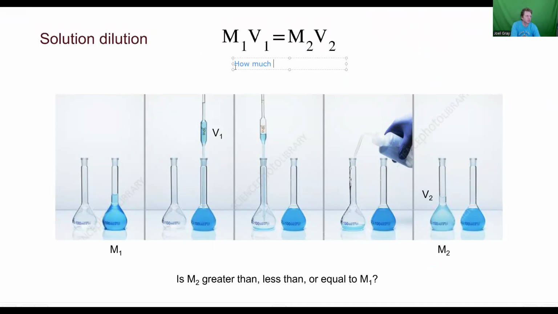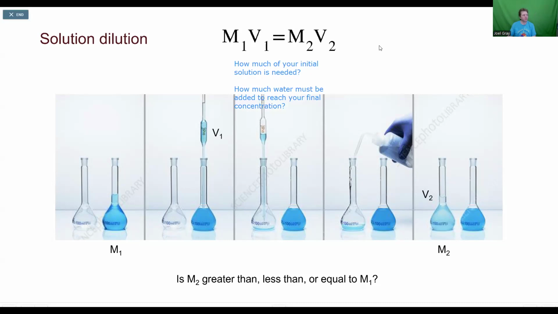how much of your initial solution is needed? That's one way. An alternative is, how much water must be added to reach your final concentration?